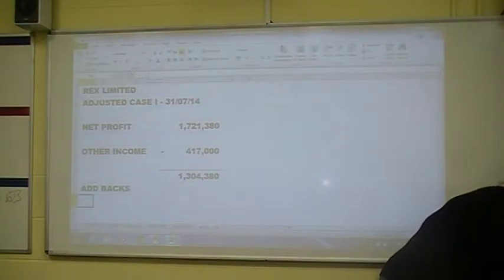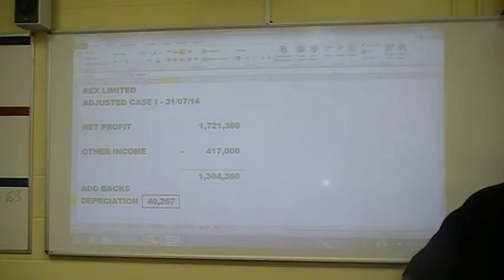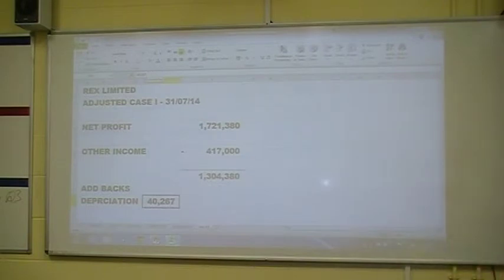Our first add-back is depreciation. Depreciation is always an add-back: 4,267. Our next one is bad debts. We've had notes on bad debts, and it's always the general one we look at.